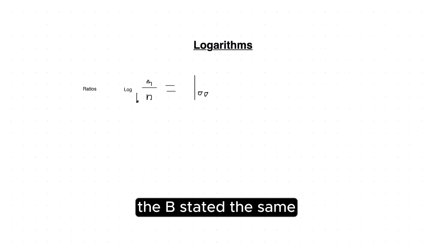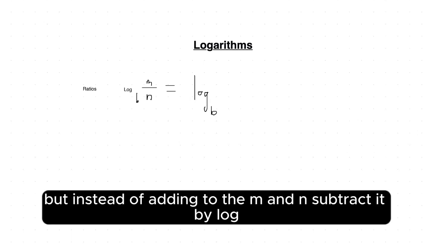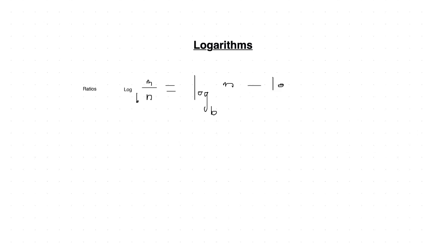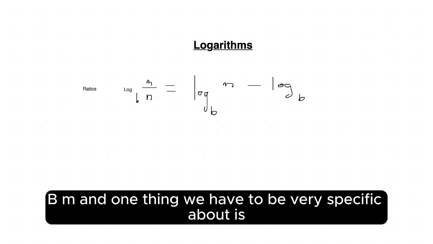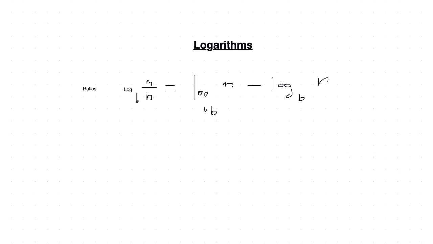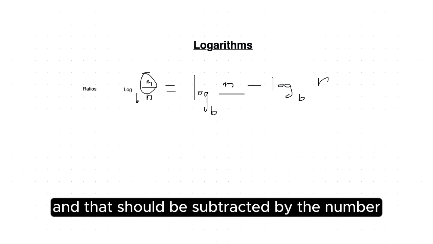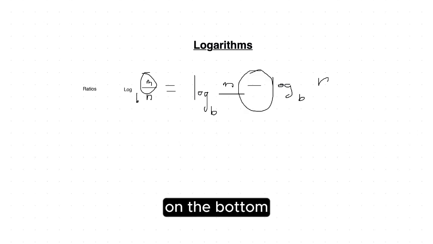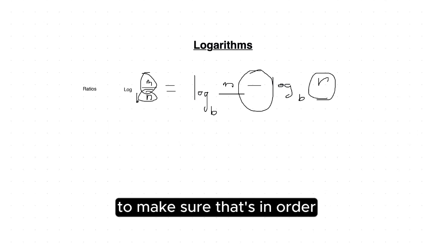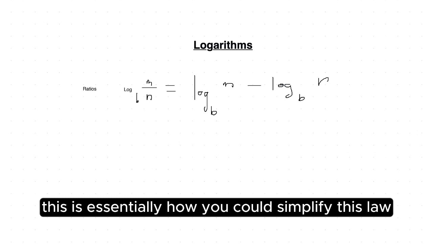The base stayed the same, but instead of adding, we subtract log b n. One thing we have to be very specific about is that the numerator, the number on top, should always go first, and that should be subtracted by the number on the bottom, which is n, to make sure that's in order. Other than that, this is essentially how you could simplify this log.